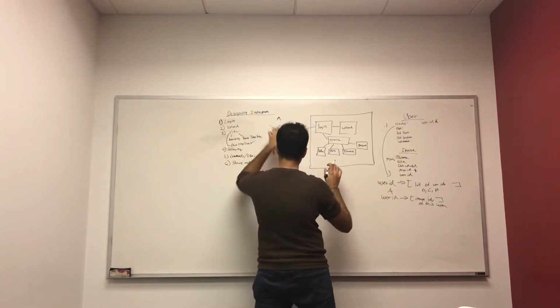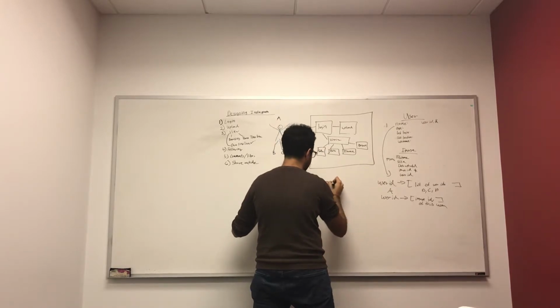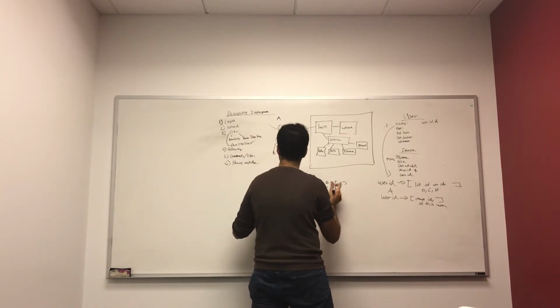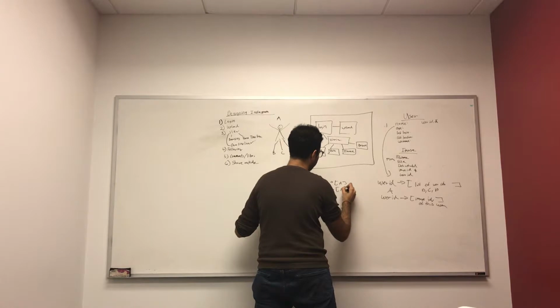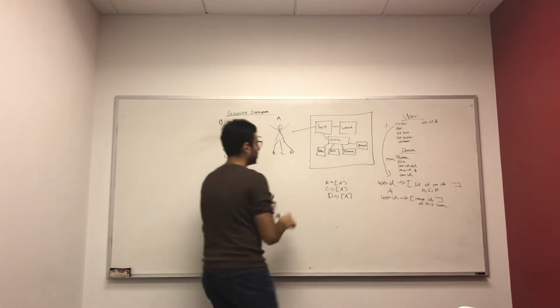So if we're following this model, B's list has A, C's list has A as well, D's list has A as well.